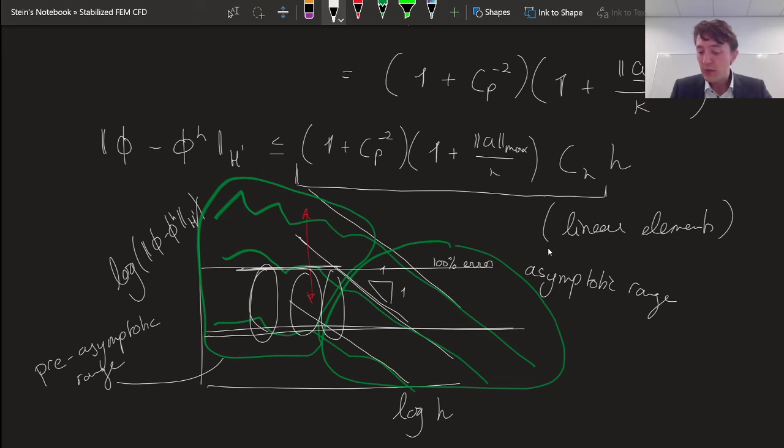So for now, what we saw is that this error constant goes up with our advection domination, right? The term here is the one term that involves our physical parameters, our advection and our diffusion. If we have a large advection domination, then this error constant is going to be large, and we would have a curve that looks like the one on the top.